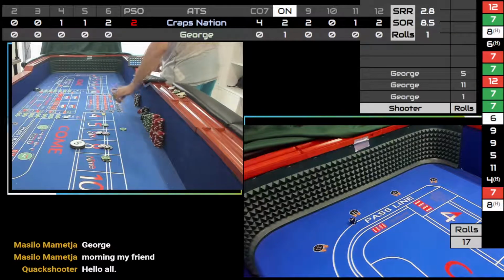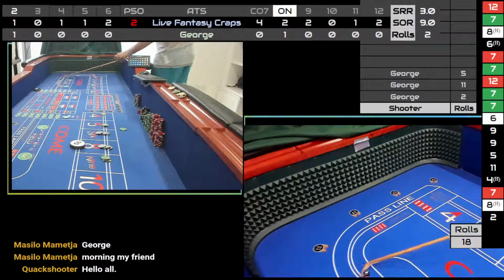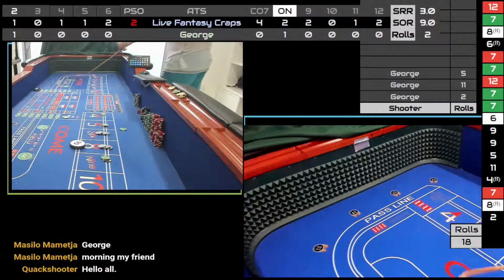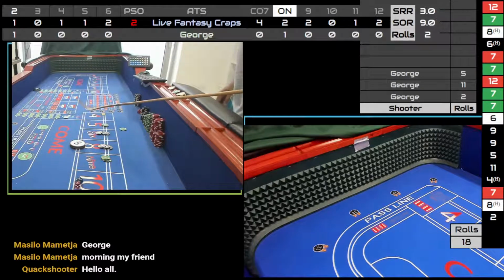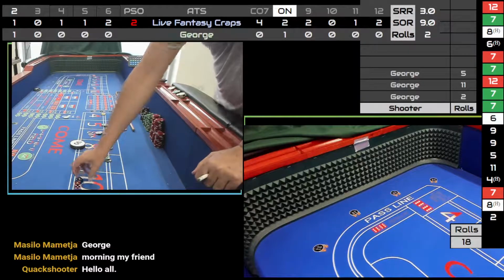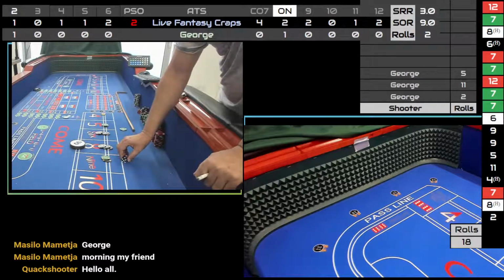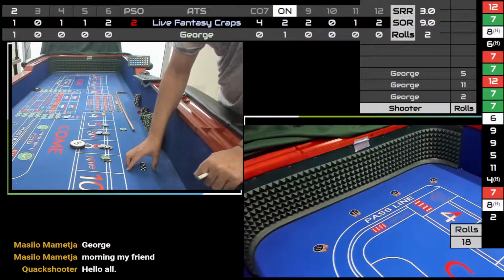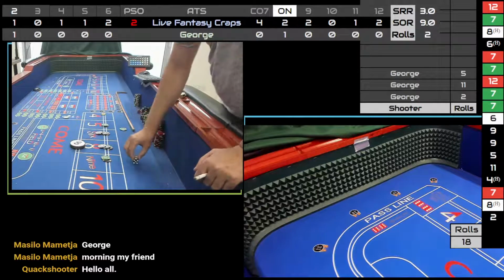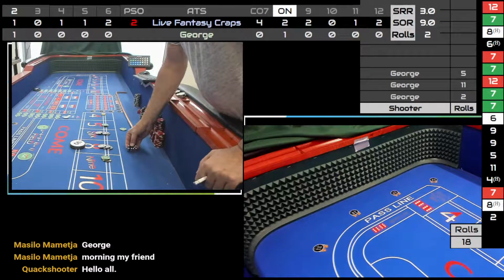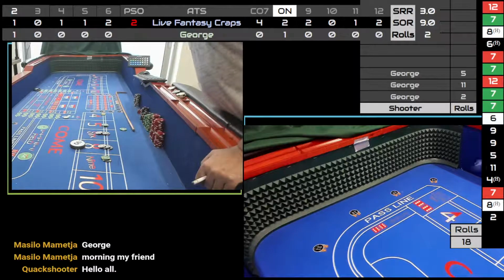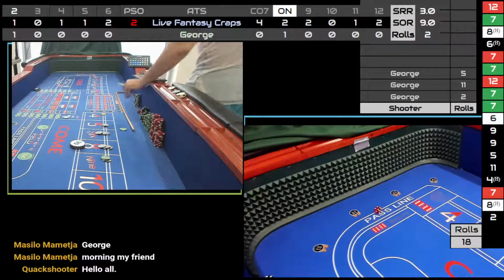Aces, off axis 2. Ace 4, ace 5. Hopefully will give me hard 4, dice out. 5, 4, 9.